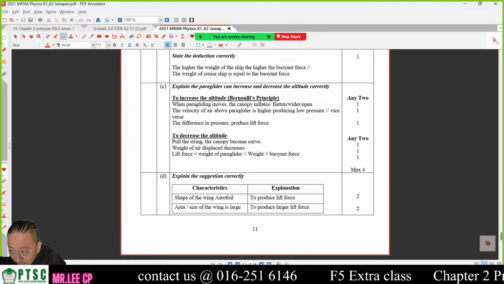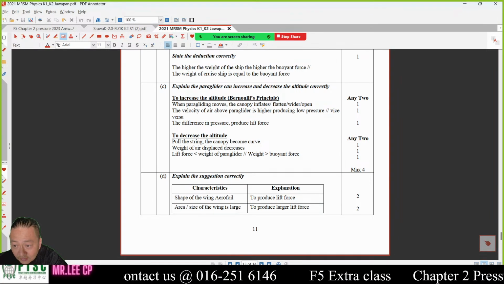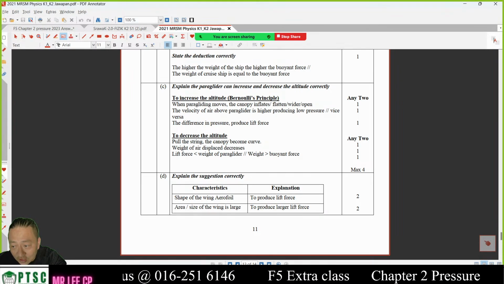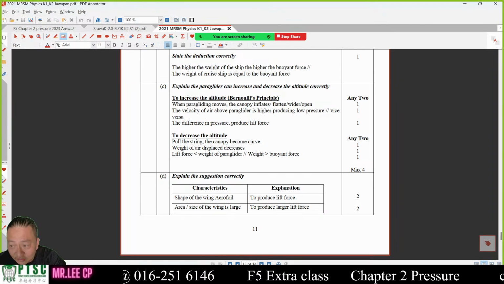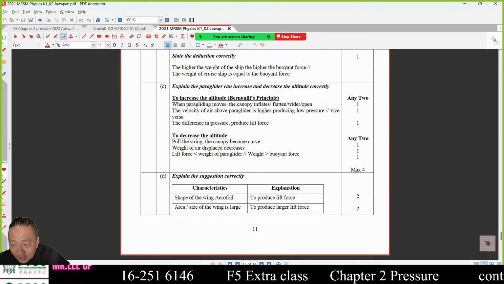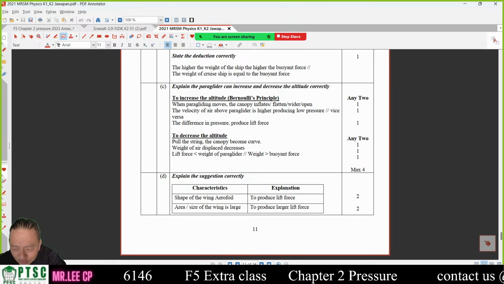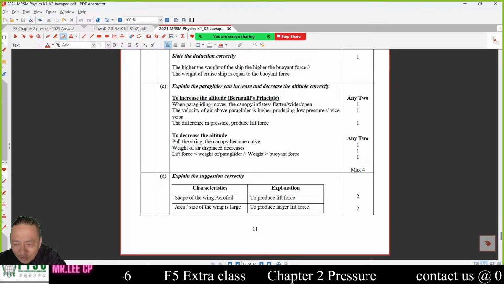Any three of these will give you 2 marks. Some of you wrote it the wrong way round, saying when it is curved it goes up and when it is flattened it goes down. If you're not sure, don't write it. Write the points that you know.